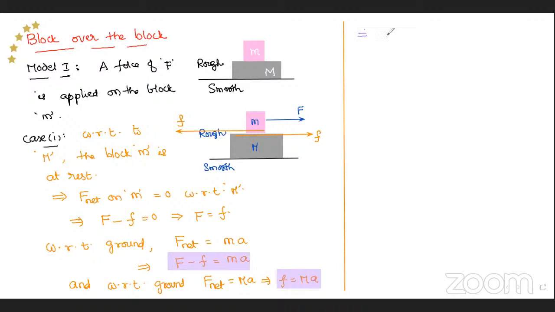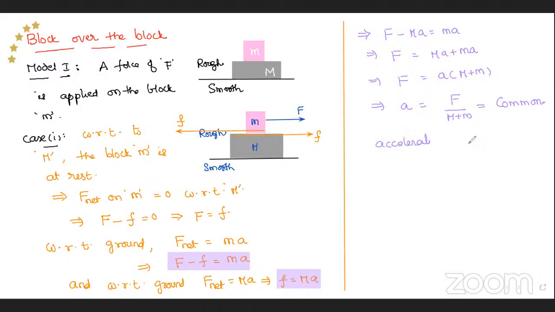That implies from the two boxes, F minus capital MA is equal to small ma. That implies F is equal to MA plus ma. That implies F is equal to a into M plus m. That implies a is equal to F by M plus m, which is the common acceleration of both the blocks, capital M and small m.